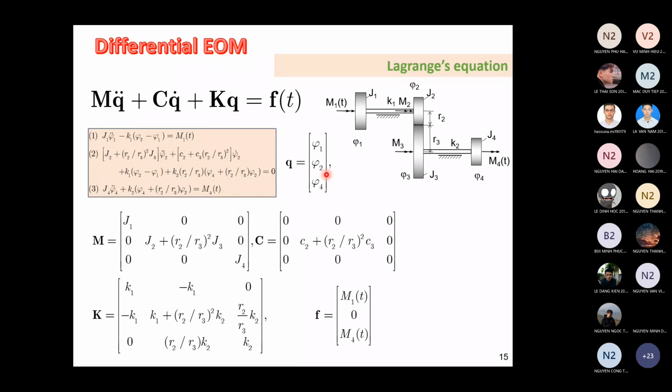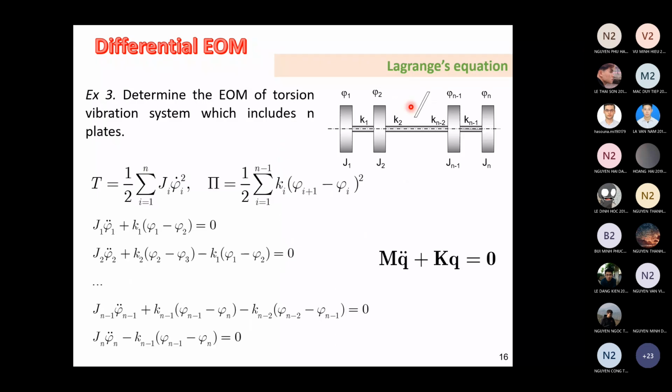So this is for only 3 degrees of freedom, and you have to extend this system into n degrees of freedom. For example, for the next example, like this. This is the n degrees of freedom that includes n discs or n plates, and they're connected to each other.